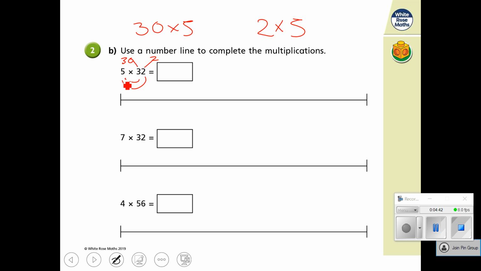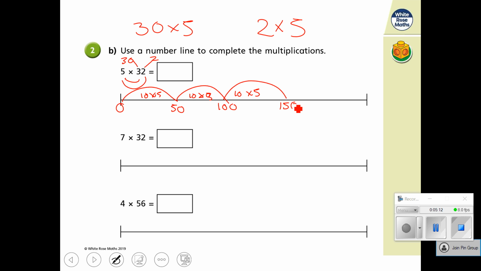Okay, so to do my 30 times 5, I am going to do 10 times 5, and then another 10 times 5, which is now 20 times 5, and then another 10 times 5, which is now 30 times 5. So if I count in 50s, I've got 0, I've got 50, I've got 100, and I've got 150.